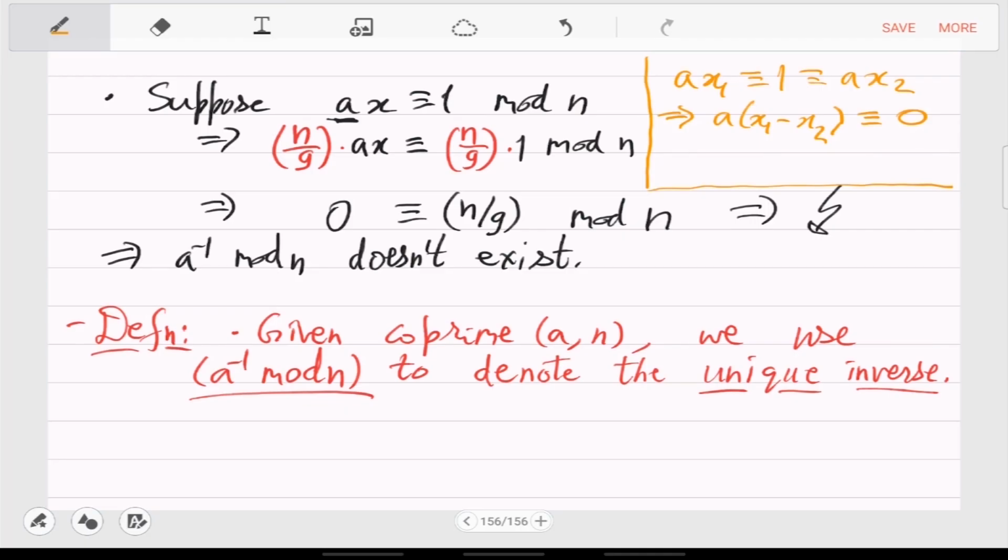And then what? Then you can multiply both sides by A inverse, which exists by the first equation, for example, x1. So you multiply both sides of this congruence with x1, and that will give you that x1 minus x2 is 0.